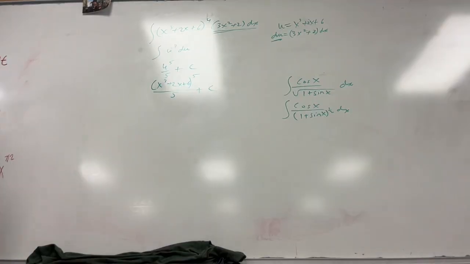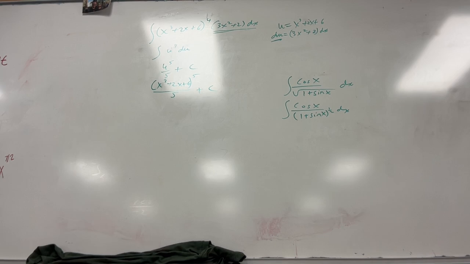Now, so far, what has been in common with the problems we've looked at with u substitution, we've pulled our u from the value that had an exponent with it. Correct?